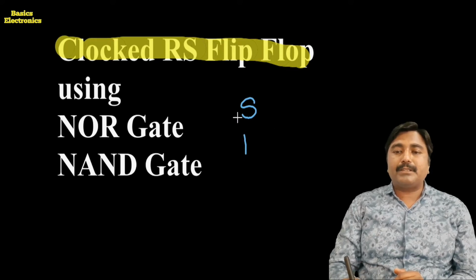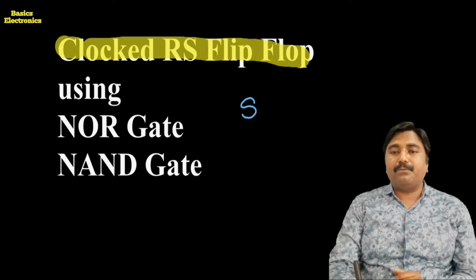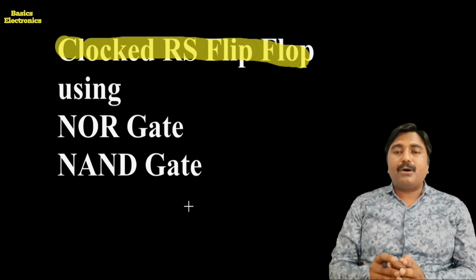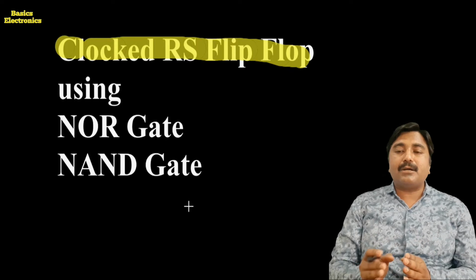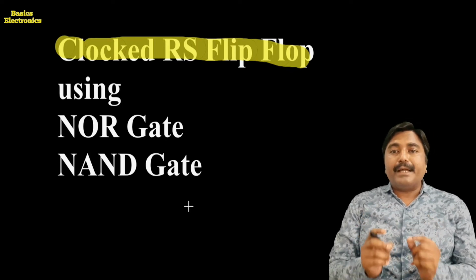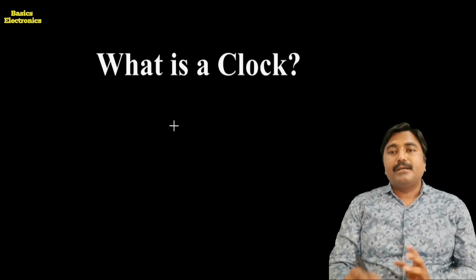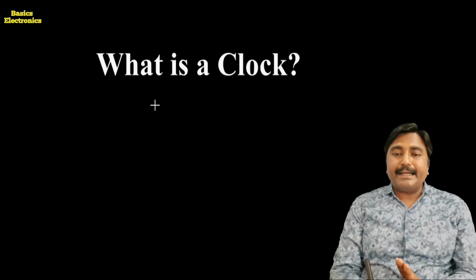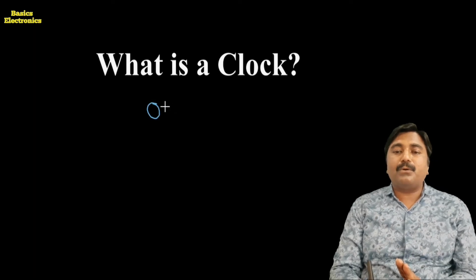So here, first of all, we need to see what the clock input is, how the clock affects the function of the RS flip-flop, and the nature of the clock pulse. The clock is a waveform which is periodic in time. It is a string of voltage levels, on and off.